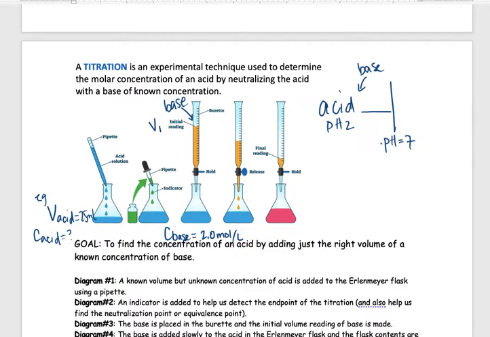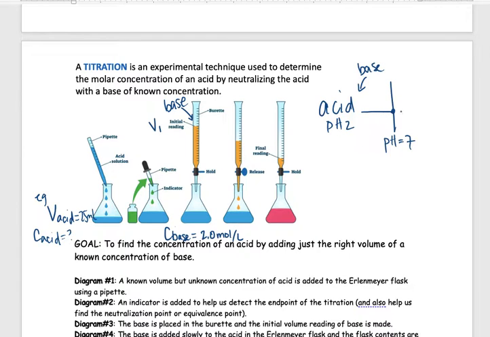As you add the base, when the base hits, it's going to go pink for a second, but as you're swirling, it disappears. Then keep going. At the neutralization point, it'll still be colorless. As you get closer to the neutralization point, you'll find that the pink sticks a little bit longer, but when you swirl, it disappears.